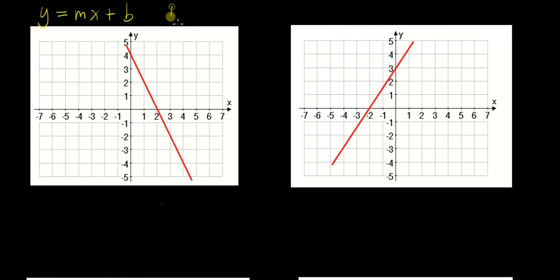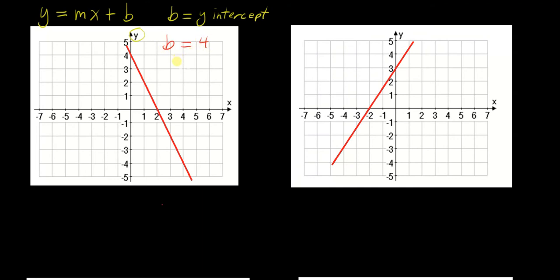Well, b is just the y-intercept. What is the y-intercept? It's just the place where the graph cuts the y-axis. You can see here, in this particular equation, b is positive 4. So now we already know what b is.